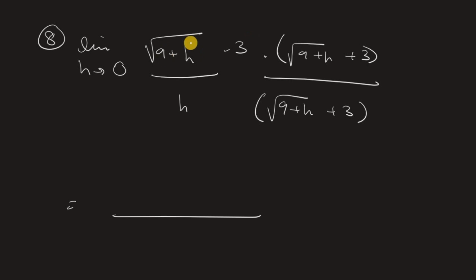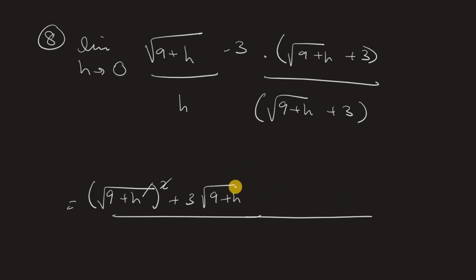So this by this, it's like a times a, that's a squared, so 9 plus h. This is a square root already, and you have to square it, and the square root and square cancel out each other. Okay, and next we have this multiplied by 3, so we have 3 times the square root of 9 plus h. Okay, and next what do we have? Then we have negative 3 multiplied by the square root of 9 plus h, and then we have basically a 9.